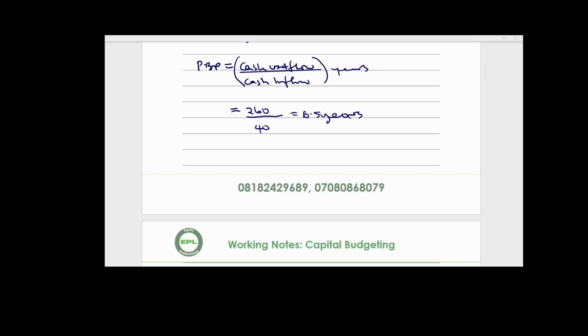So it's viable to key into this project. Okay, what about the acceptability? The examiner is asking you to advise True Talk Nigeria Limited, giving reasons as to the acceptability of the project based on the payback period criteria. Should we accept the project? Yes, we should accept the project.